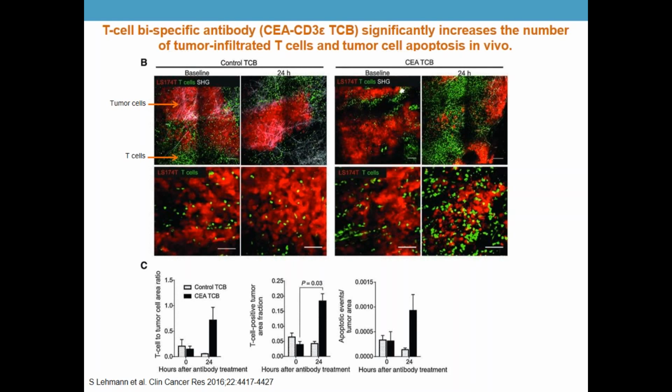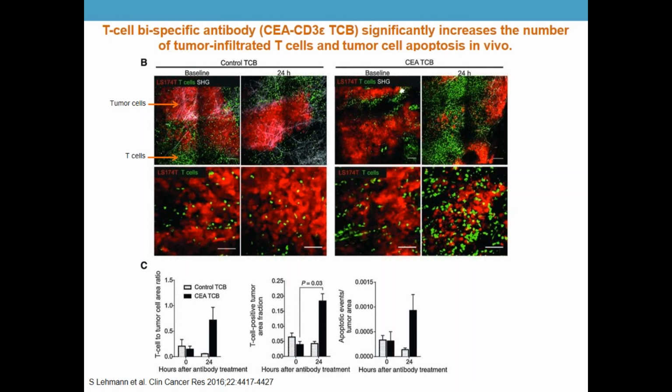So let's go over now to the right and see what happens when we actually give an effective immunotherapeutic. We start at the same baseline where you have this dissociation of the tumor cells and the cytotoxic T cells.